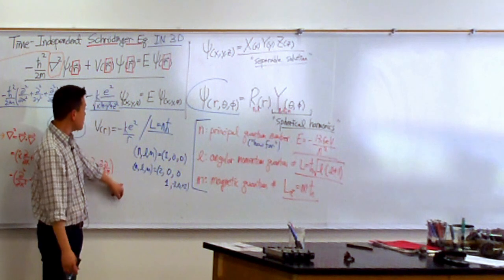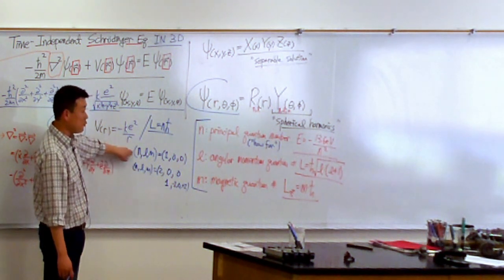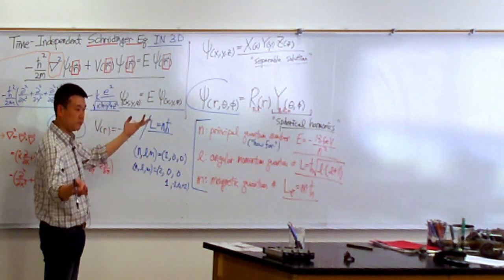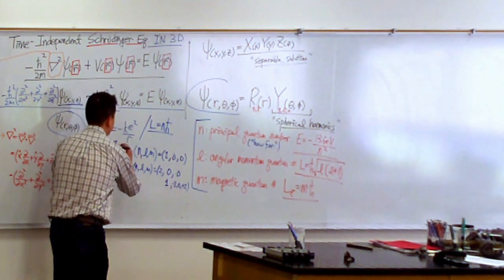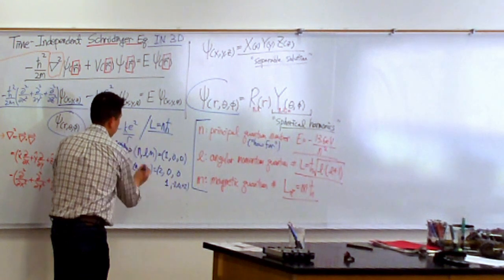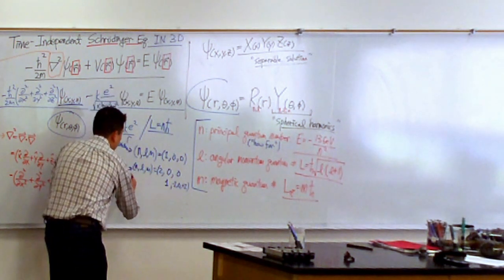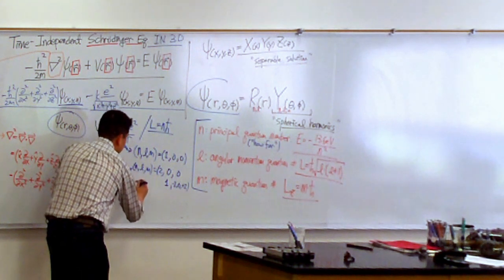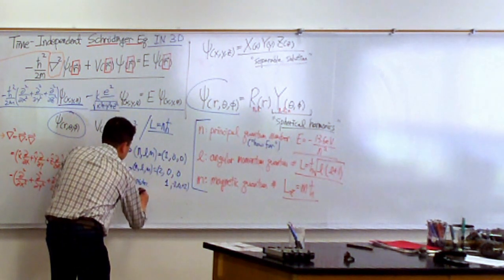Here we had only one state. And here, starting with N equals 2, you can have 4 different states with N equals 2.